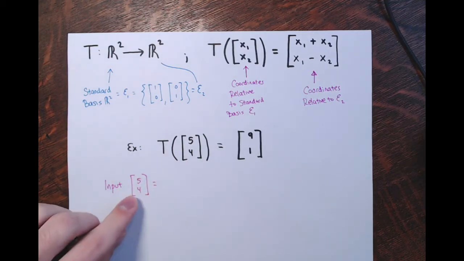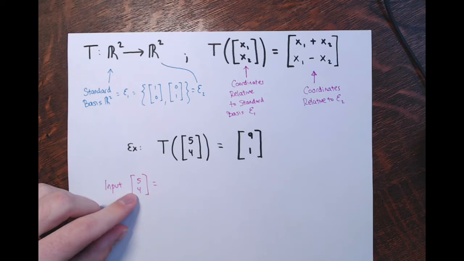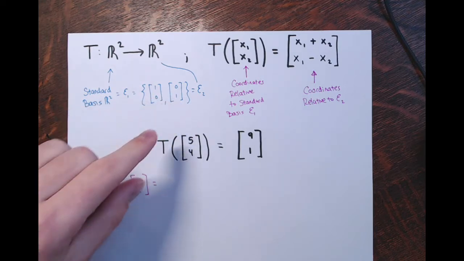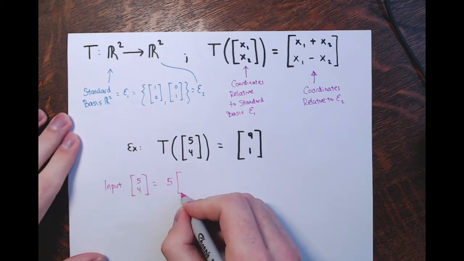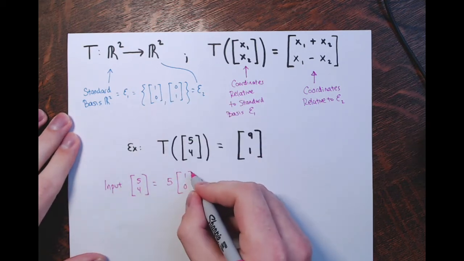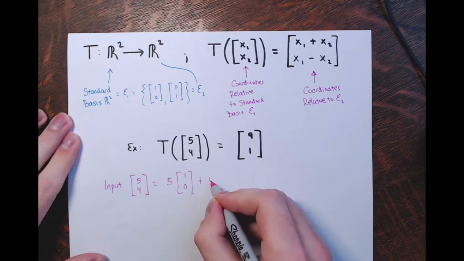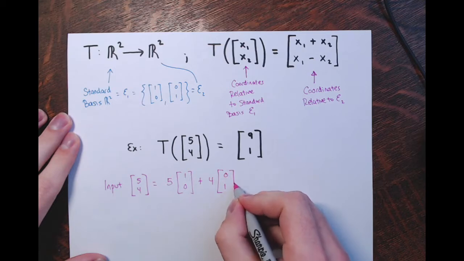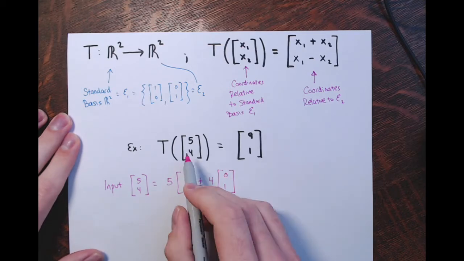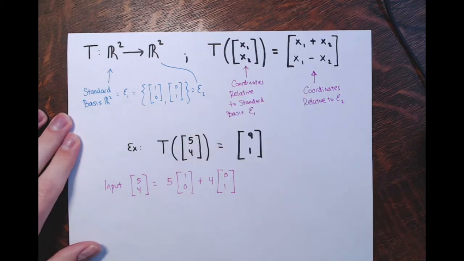You can think of this 5 and this 4 as coordinates relative to 1, 0, 0, 1, because I can write this vector as 5 times that first basis vector, 1, 0, plus 4 times the second basis vector, 0, 1. So again, you can think of your input as coordinates relative to the standard basis.